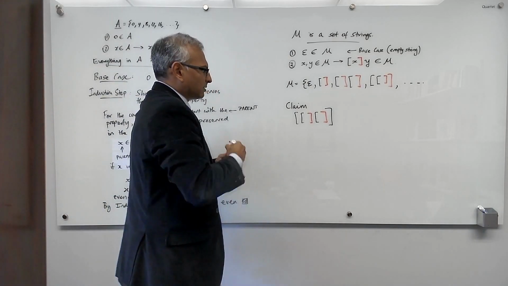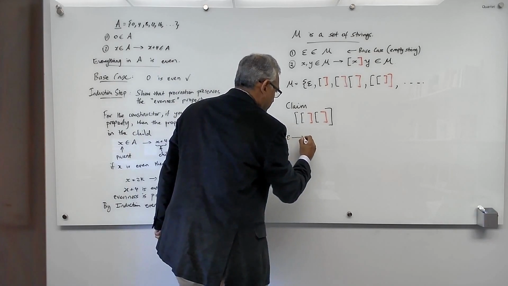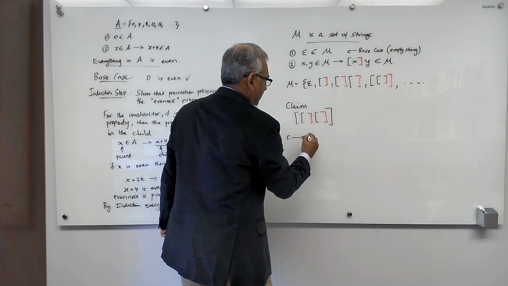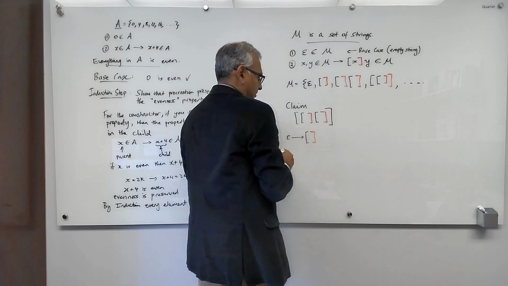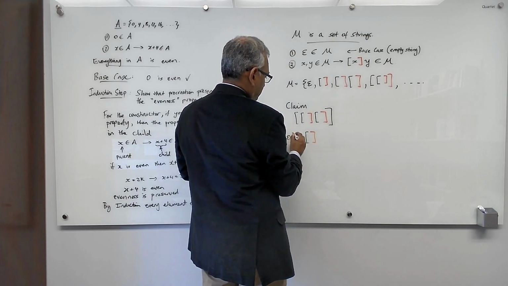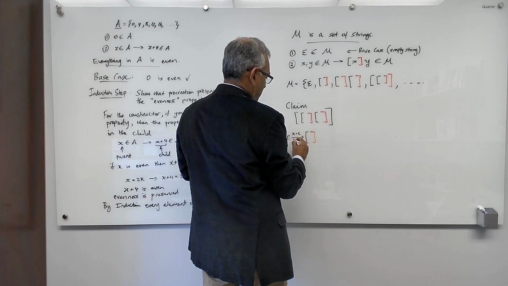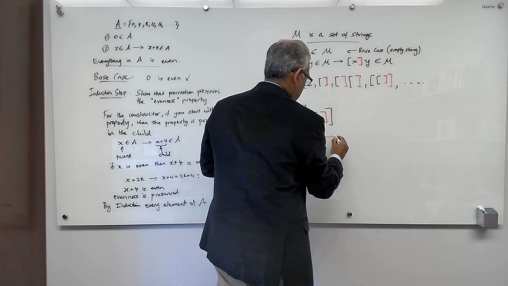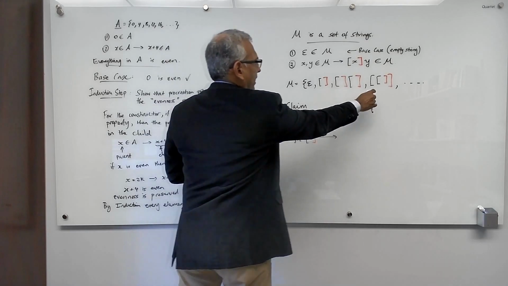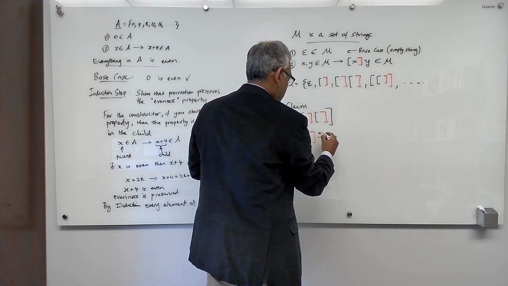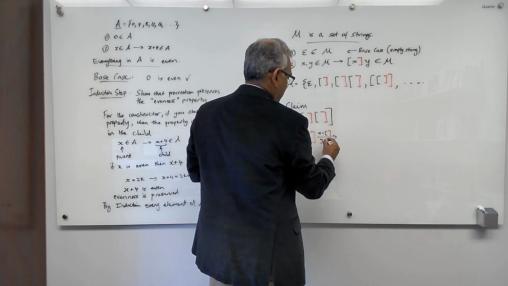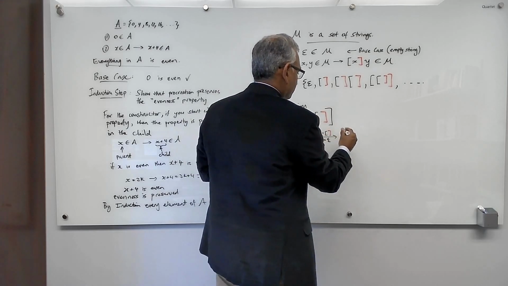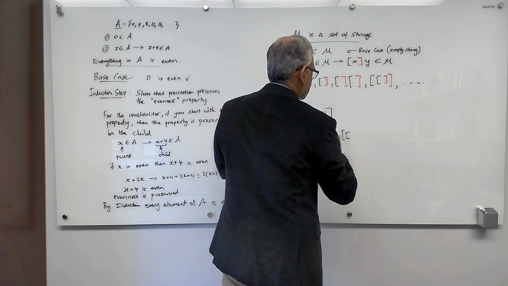Let's see if we can come up with one. Epsilon we've already derived, so that gives me this, with X equals epsilon and Y equals epsilon. And then I can get that one with X equals the one I just derived, and Y equals epsilon. So that gives me this.